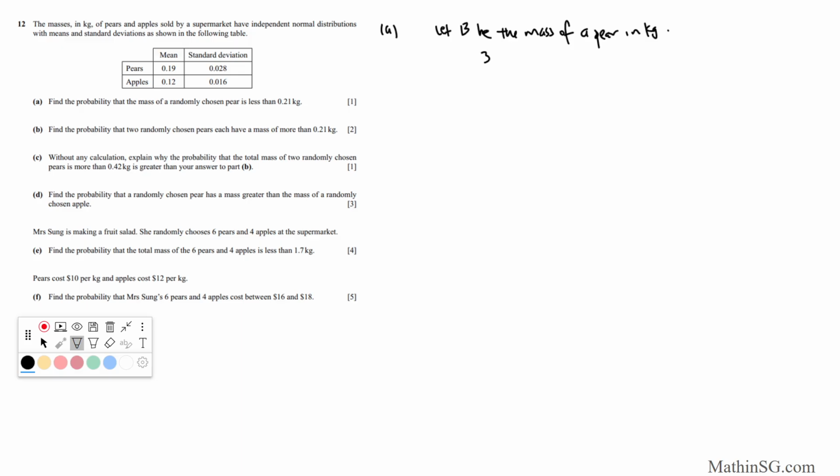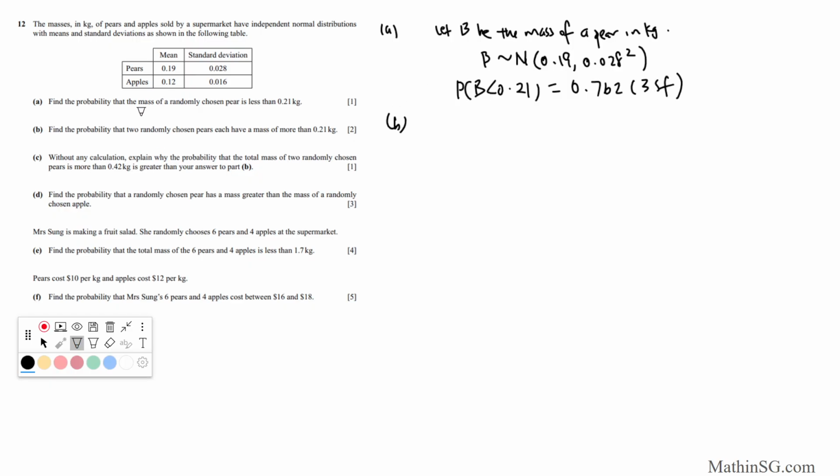B takes a normal distribution, and the mean is 0.19 and the standard deviation is 0.028, so I need to square it so that it becomes the variance. I need to find the probability that B is less than 0.21. I basically use normal CDF with the lower limit as negative E99 and the upper limit as 0.21, and I'll get a probability of 0.762, rounded off to three significant figures.